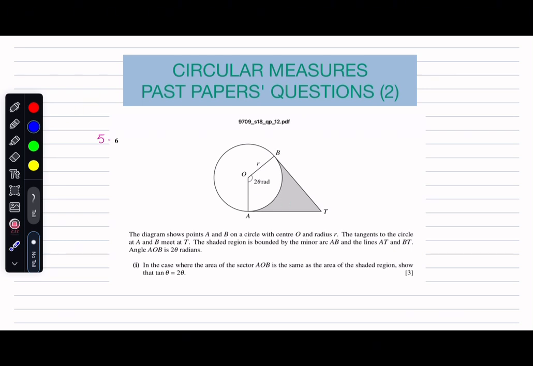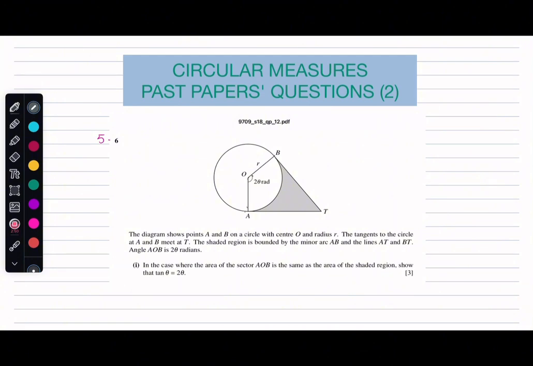So before starting the question, there are a few concepts which we need to revise here. Number one, if we have tangents AT and BT with respect to the radii OA and OB, then I should know that OA is perpendicular to the tangent AT.